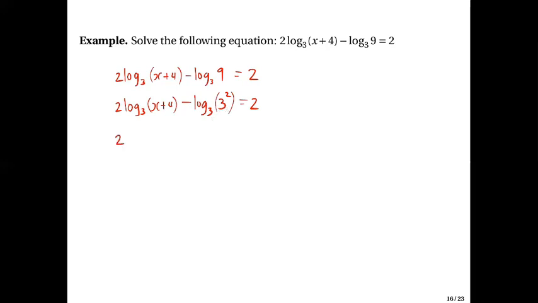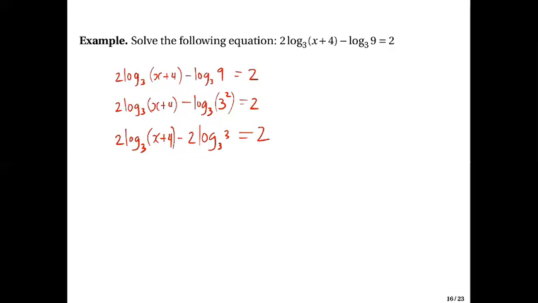So you have now 2 log of x plus 4 with base 3 minus 2 log of 3 with base 3. And that's equal to 2. And as before, log 3 base 3, that's just 1.